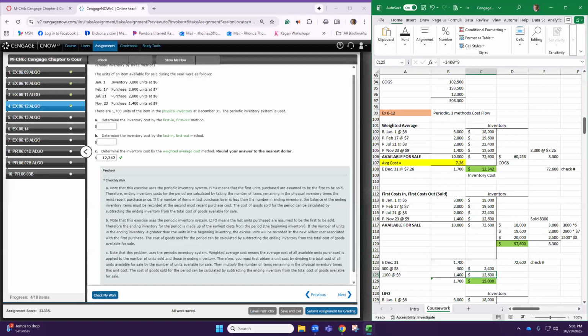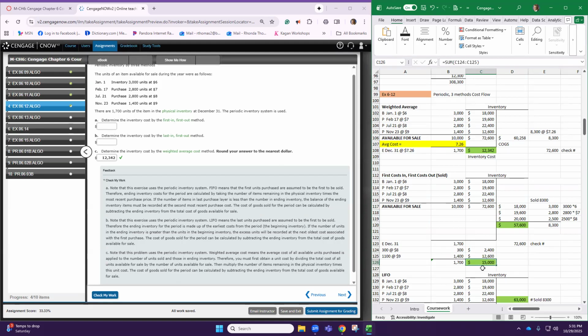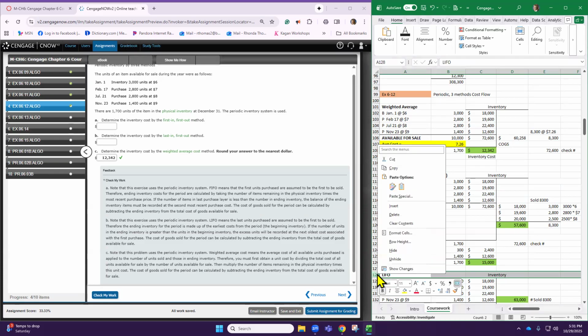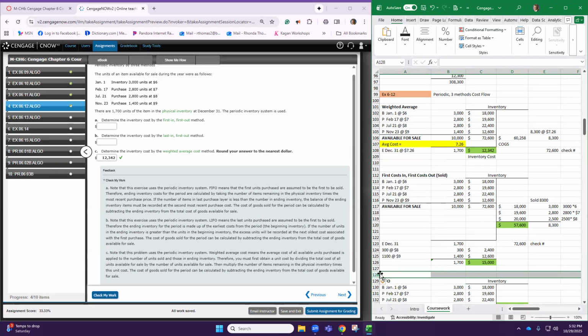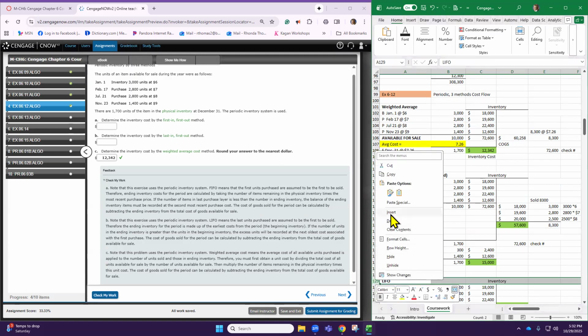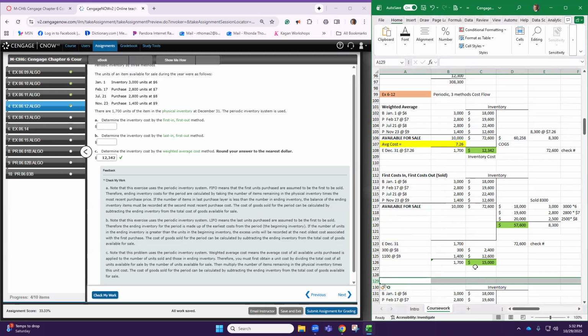When you add down, you get inventory cost, and I'm going to put that word there because that's the language they're using.